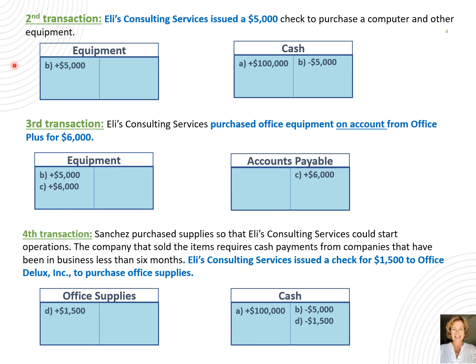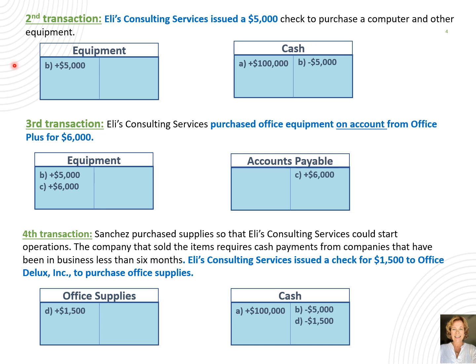In the second transaction, Eli's Consulting Services issued a $5,000 check to purchase a computer and other equipment. So our computer and other equipment increased by $5,000. And at the same time, Eli's Consulting issued a check, which means that cash decreased. Both of these accounts are asset accounts.